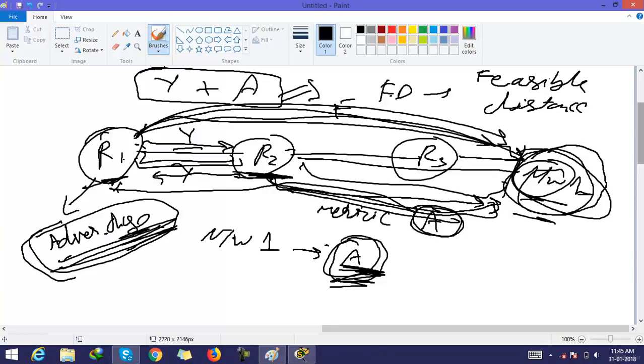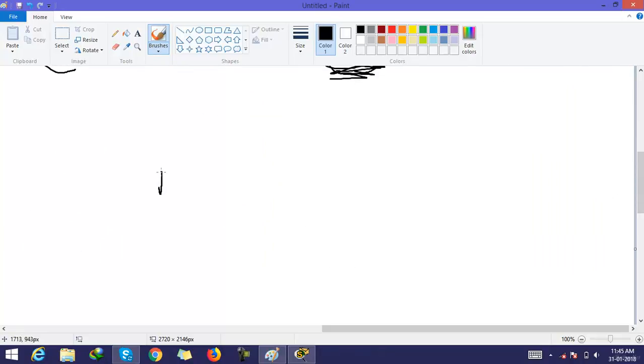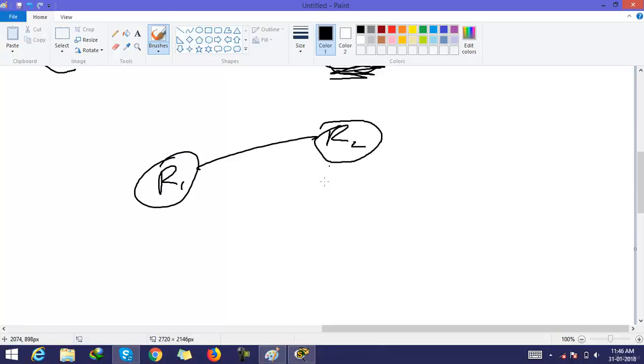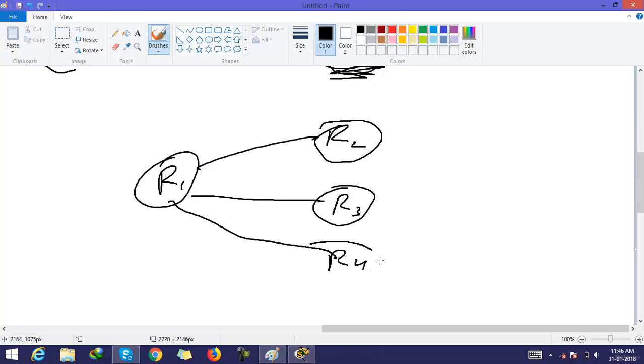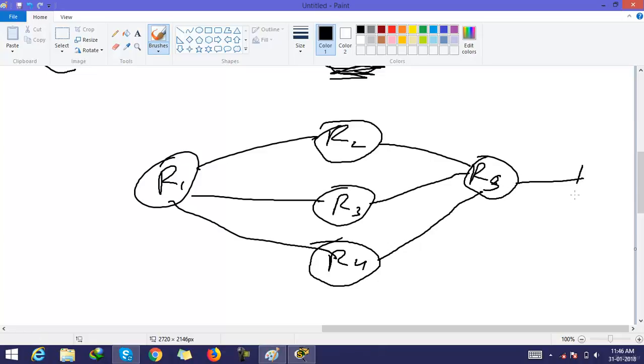For example, if R1 has multiple paths, this is R2, this is R3, this is R4, this is R5. Here is the network. Each also advertises some distance or metric to reach this particular network. This is also advertised to R1.